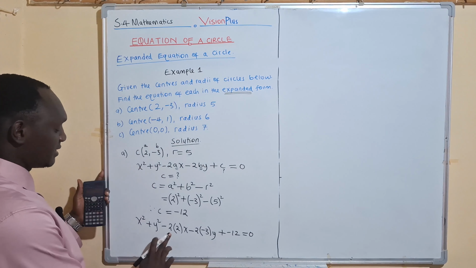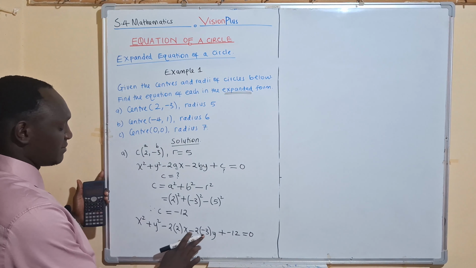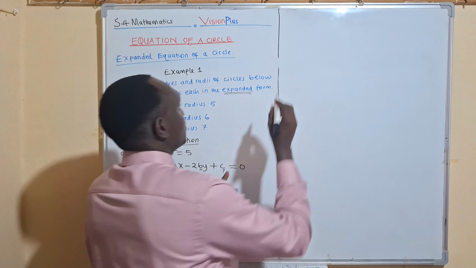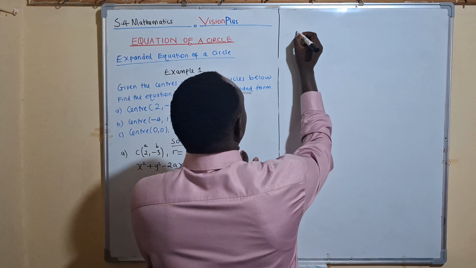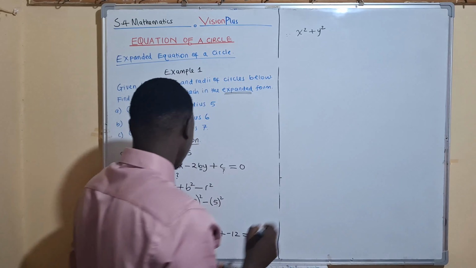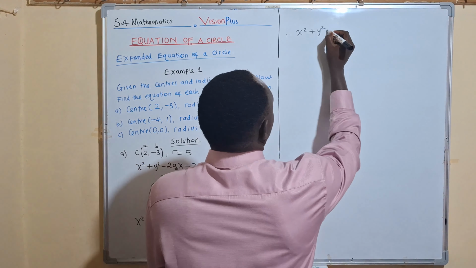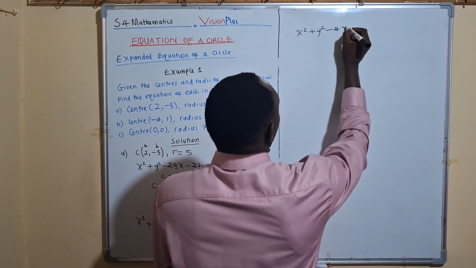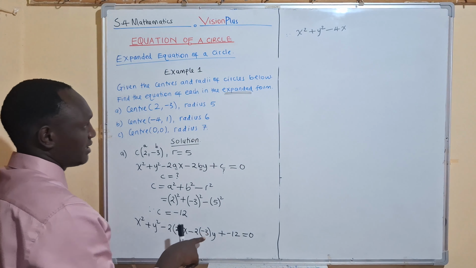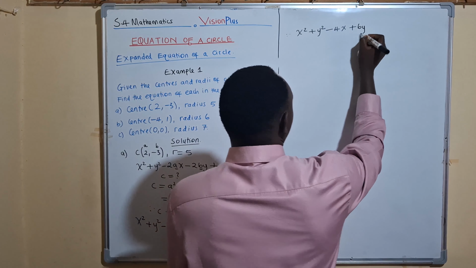And then we need to just simplify further. This times this, this times this, and then we operate the signs. So therefore now the equation becomes x squared plus y squared, -2 times 2x, which is -4x, so we shall have minus 4x, -2 times -3, +6, we shall have plus 6y.